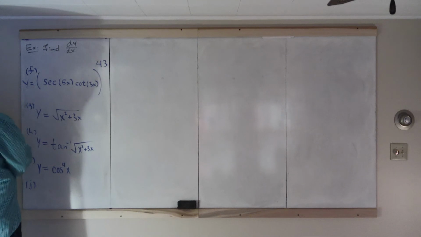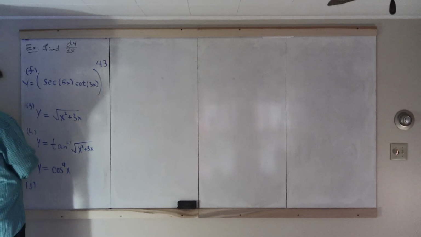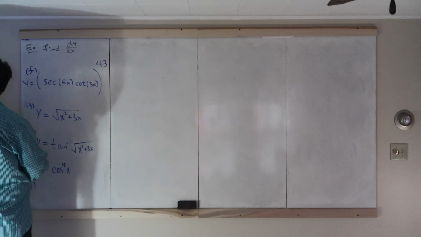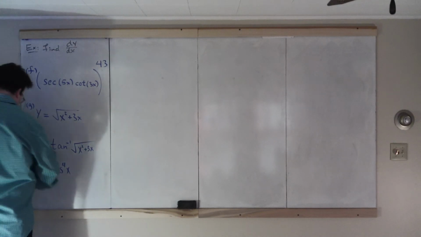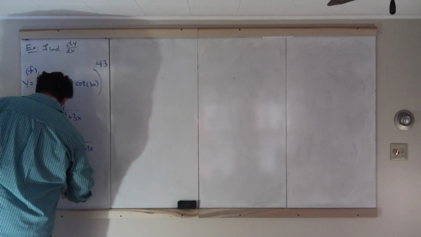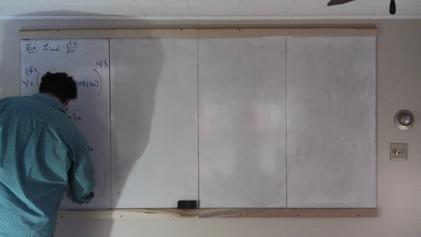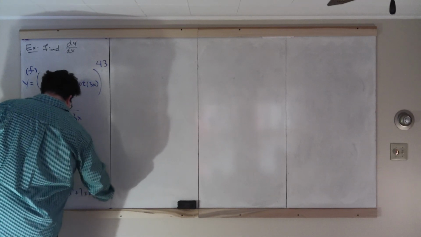J would be, we didn't do a log yet, did we? No. Do I have one with a log? I definitely should. Yeah, let's do y equals natural log of 3x squared plus 7x plus 5, I guess. That one's good.